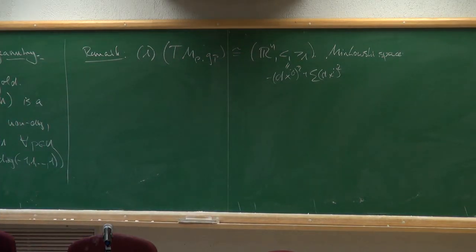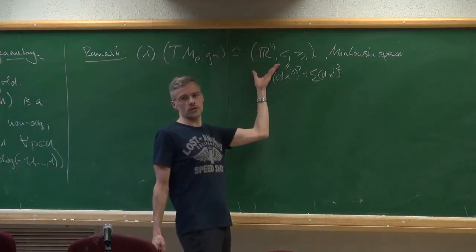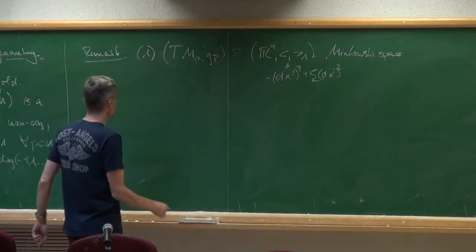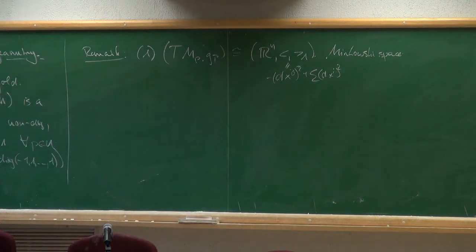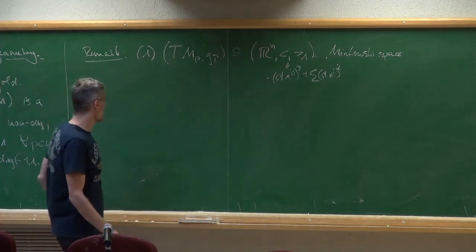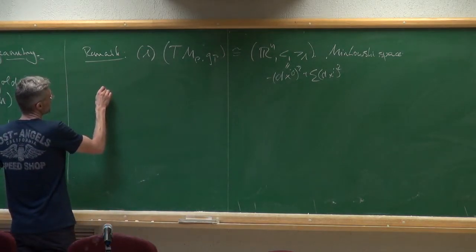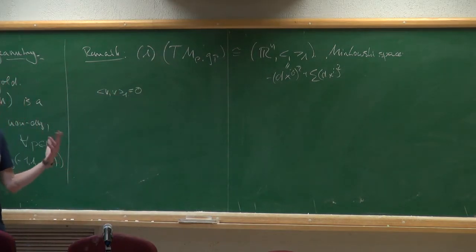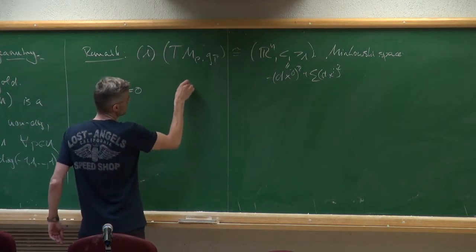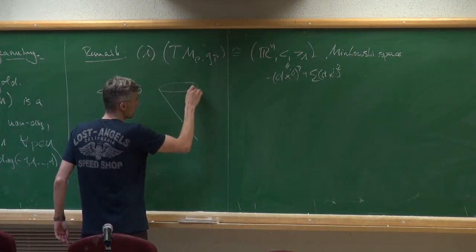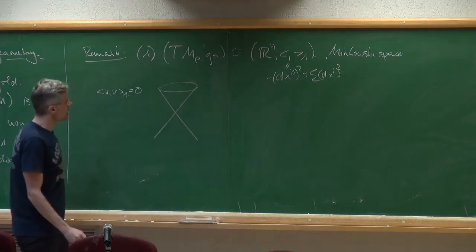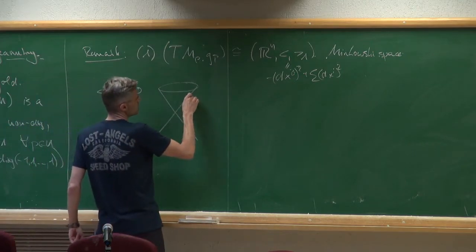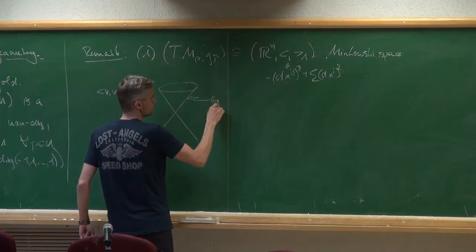So what is the usual picture you encounter in the textbooks of this space? What distinguishes it from a Euclidean vector space, where this minus here is a 1, is the locus of vectors whose inner product is equal to 0, which is a projective variety. And here it's basically a double cone, and the projective variety is just a sphere. This is what in Lorentzian geometry would be called the light cone.